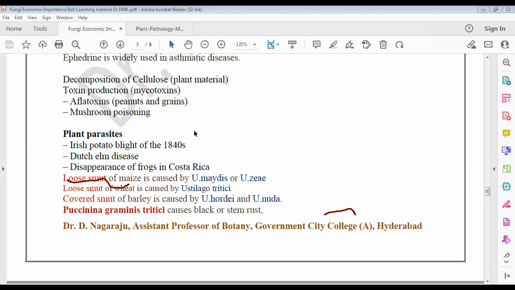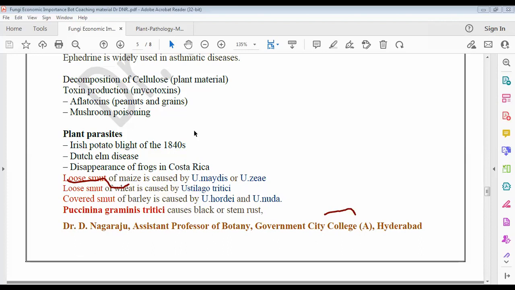Don't forget these four famines, the largest famines: Ireland famine, French famine, Bengal famine, Sri Lanka famine. There are three other famines too, in banana and in citrus, but these four are very, very important.